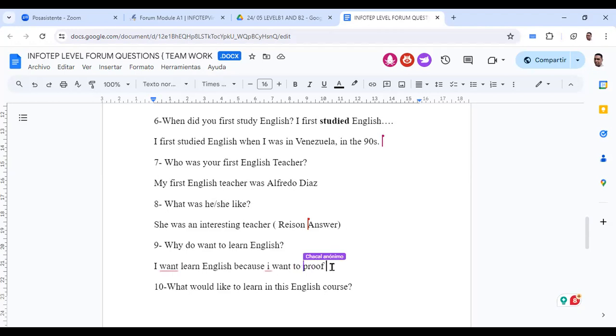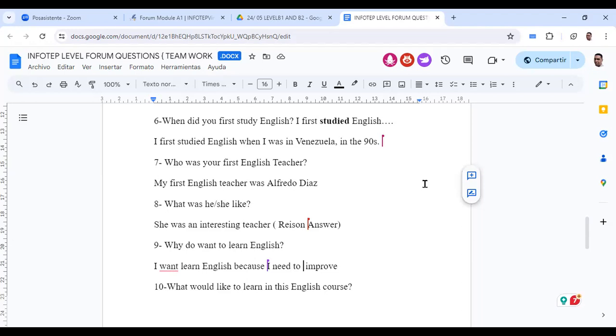Improve, to make something better. I need to improve. Improve is when you do something much better. To improve. Okay.